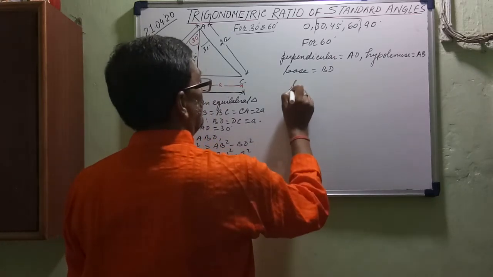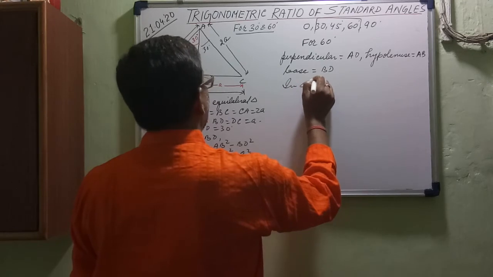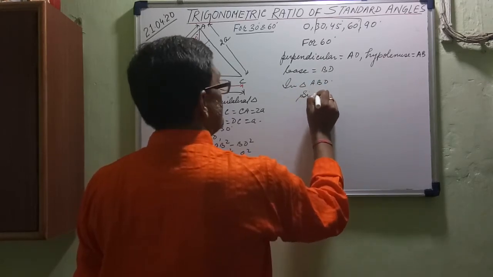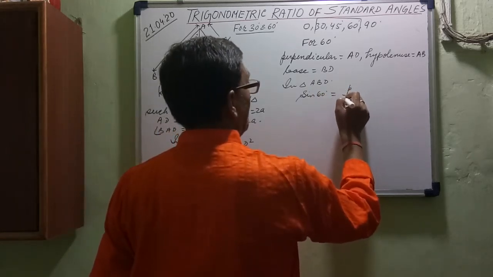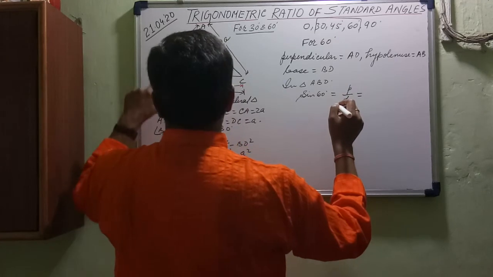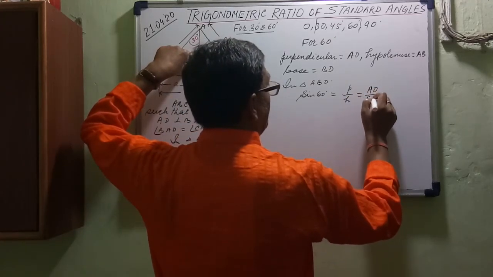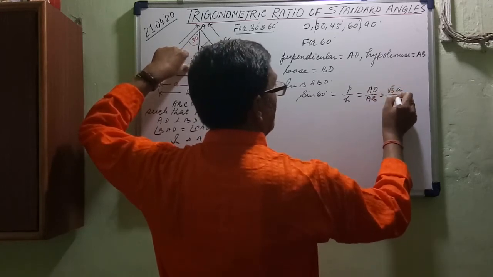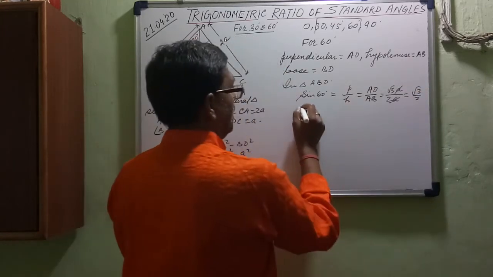So therefore, in triangle ABD, sine 60 degree is equal to P by H. For 60 degree, what is P? AD by AB. AD is equal to root 3a by 2a. Cancel, root 3 by 2.